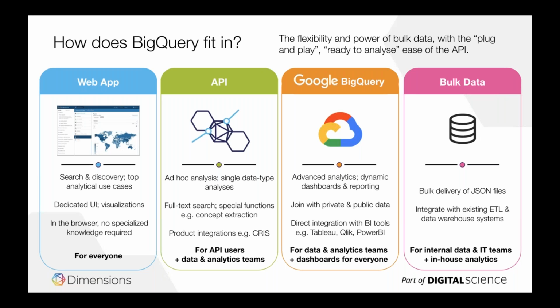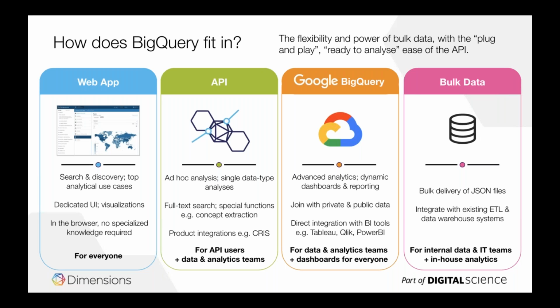All of these tools have a BigQuery connector, meaning that they know how to pull data from BigQuery in real time. So that allows you effectively to build many of the visualizations you see in the Dimensions web app within a tool like Tableau or Power BI, very easily. And we've got tons of tutorials about that. I'll show you where they are in a second.